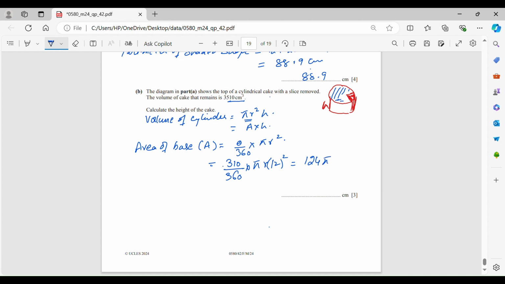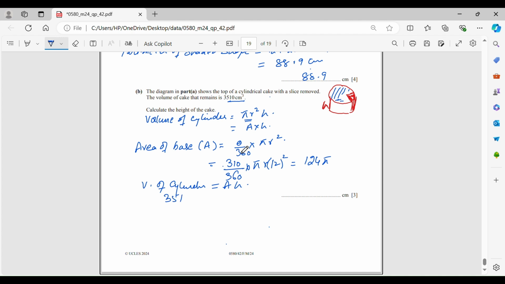Now the volume of the cylinder is already given. The volume of the cylinder is equal to A into H. Now this is 3510, which is equal to 124 pi into H. Now H will be equal to 3510 divided by 124 pi, which will be approximately equal to 9.01.